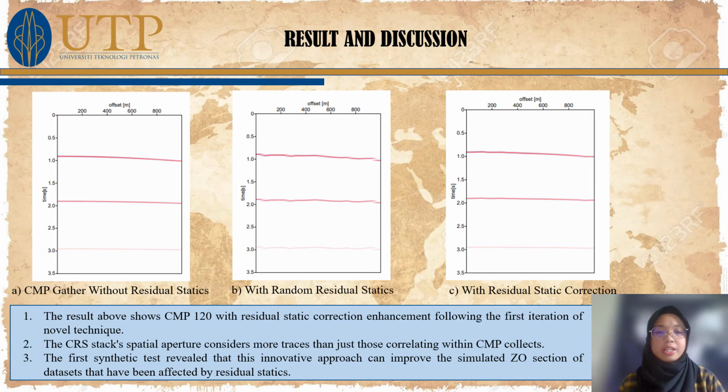The CRS stack's spatial aperture considers more traces than just those collected within the CMP gather. The first synthetic test revealed that this innovative approach can improve the simulated ZO sections of the datasets that have been affected by the residual static.